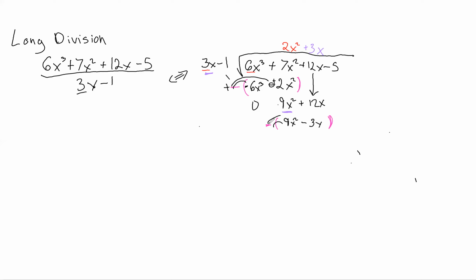And then if I distribute that and add, I get negative 9x squared and then plus 3x. So 9x squared minus 9x squared is 0. Yay. And then we've got 12x plus 3x, which gives us 15x. So we bring down our next term.